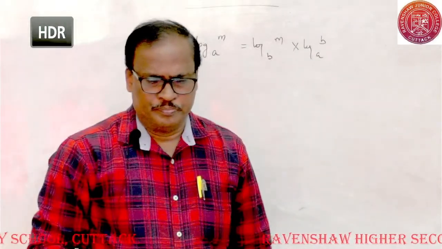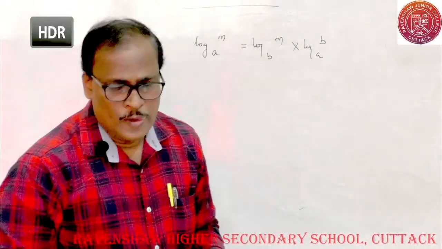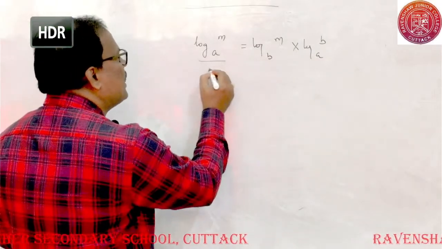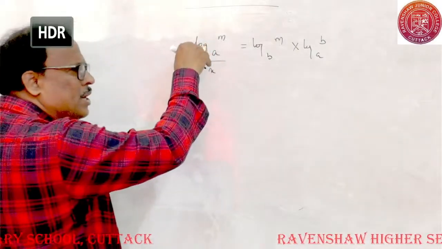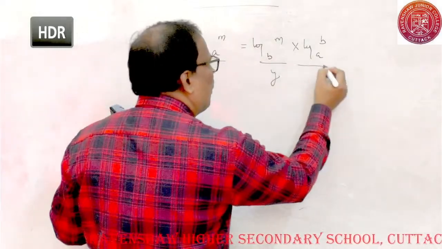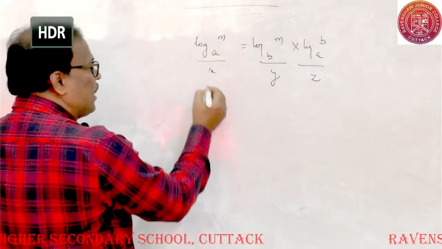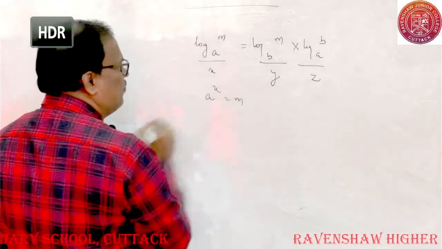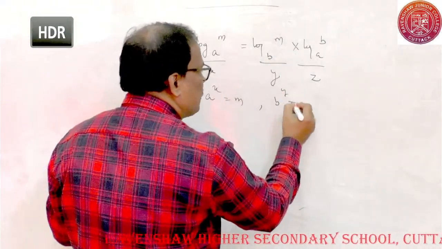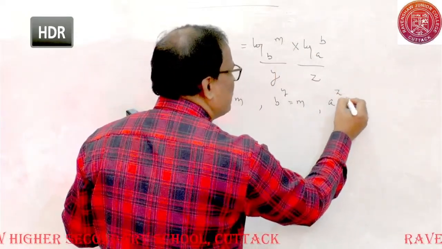Let us solve this one also. Let log m to the base a be x, log m to the base b be y, and log b to the base a be z. Then a to the power x is equal to m, and when we convert to exponential form, b to the power y is equal to m. And also a to the power z is equal to b.